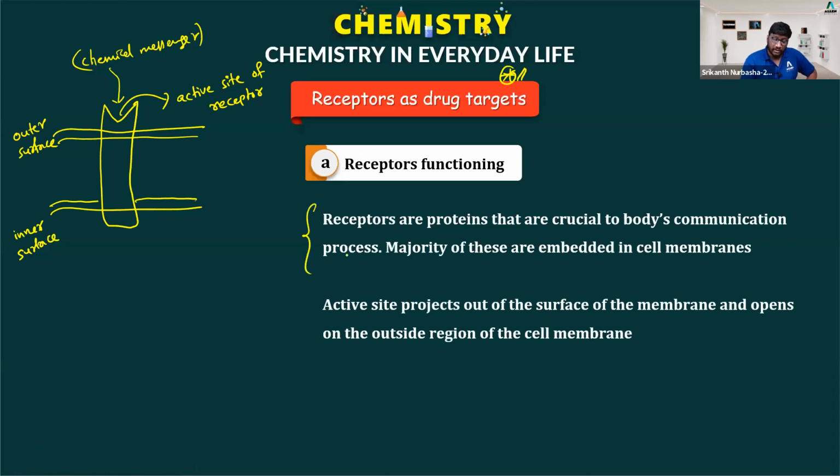So receptors, and now we can also have two things. This is how the communication process inside the body happens. But now, somehow the communication is lacking.